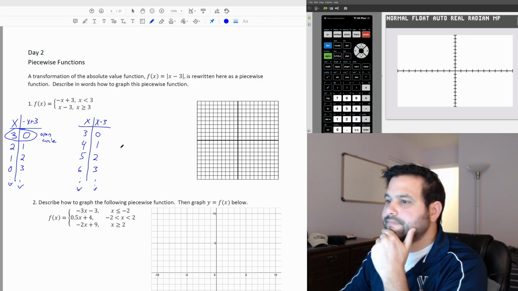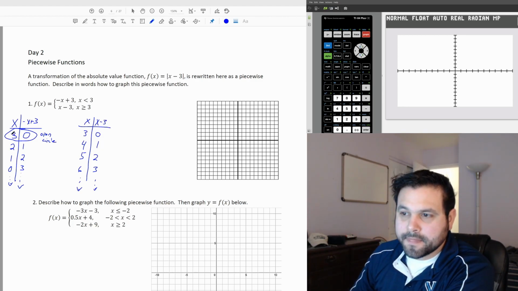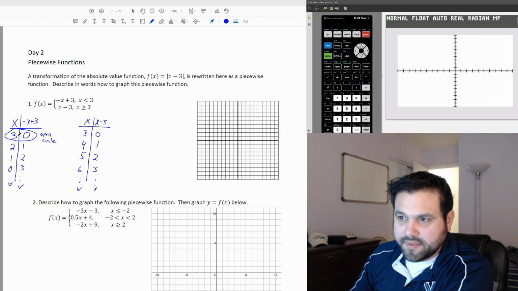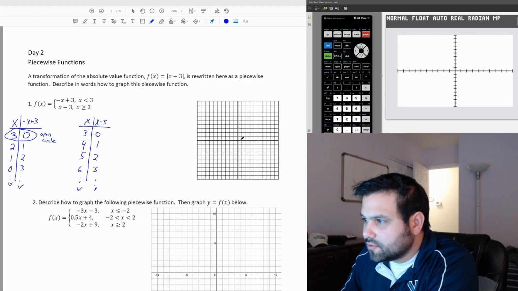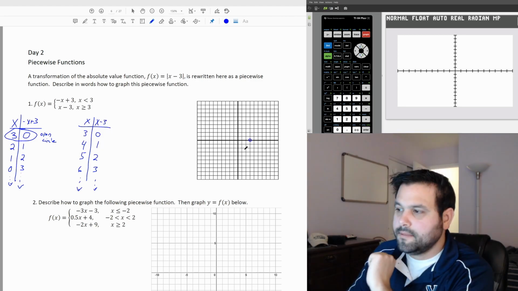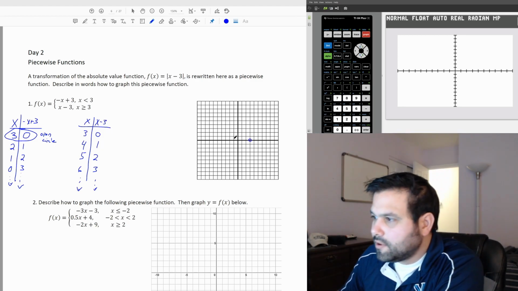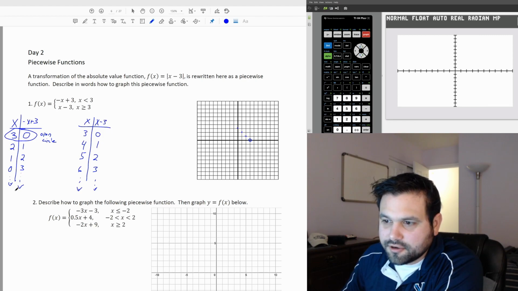Now we can start to graph this. So I'll just start graphing these. If I look at the first table I made, I'm going to graph this at (3, 0), and I'm going to graph it with an open circle. I'm not going to fill it in. And then (2, 1), and then (1, 2), and (0, 3), and then it goes on forever.